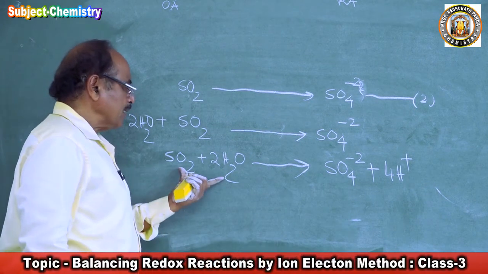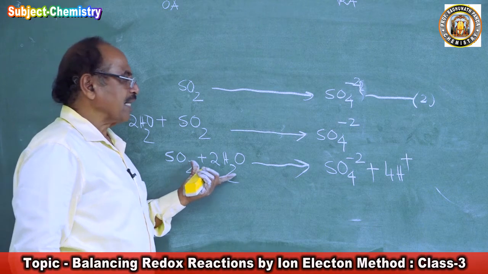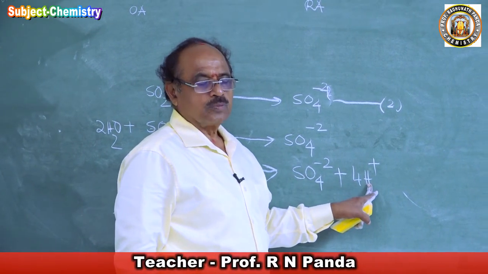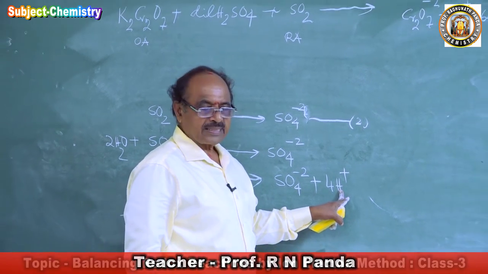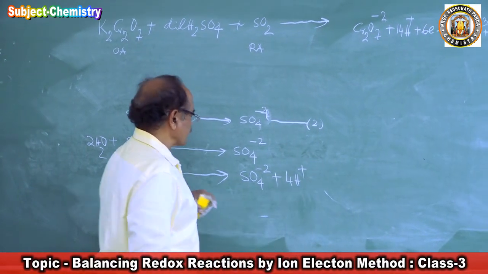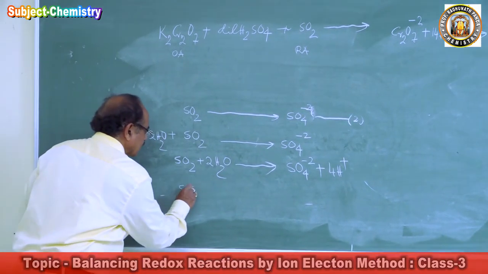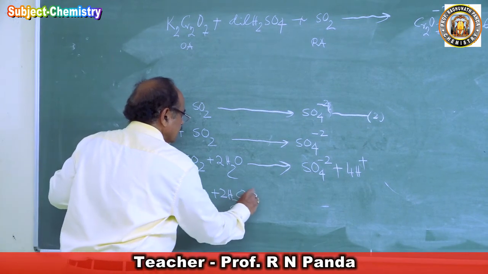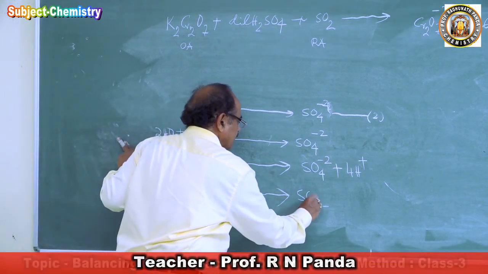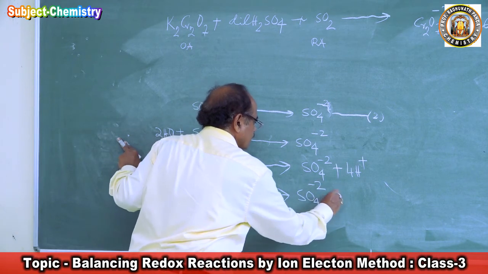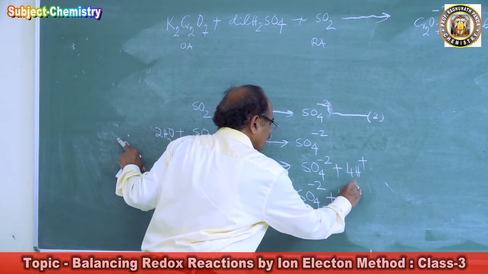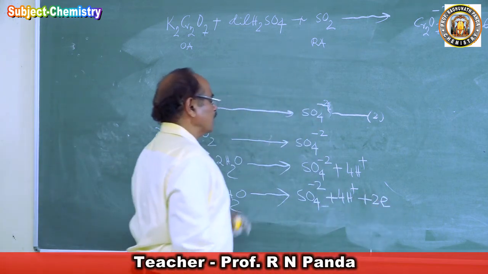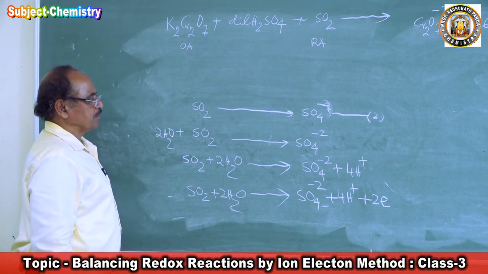The left side has no charge; the right side has minus 2 and 4H+, so the total charge is positive 2. We have to add 2 electrons. So SO2 plus 2H2O gives sulfate 2- plus 4H+ plus 2e-. This is the standard equation for sulfur dioxide to sulfuric acid.